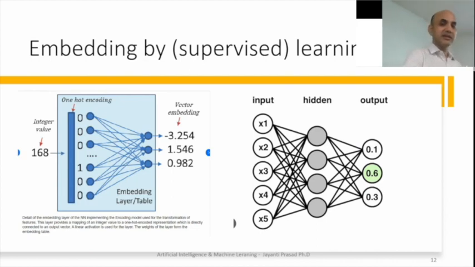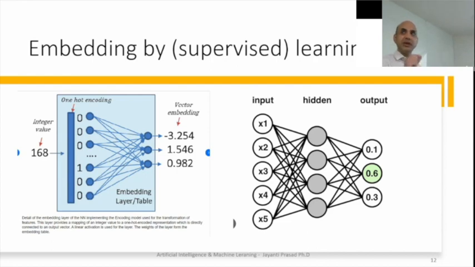Let us look at this example, embedding by supervised learning. Now you have a text corpus. First you build a vocabulary of it. In English, generally there are 40,000 words which are good enough for any exercise. You build a vocabulary, and you assign one ID or integer to every word. So that's a very basic kind of numeric representation.